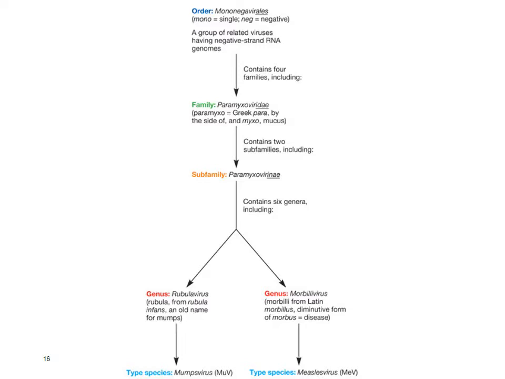Genus and species names always end in virus. One example in the genus Rubulivirus is the species referred to as type species mumps virus. And an example of a type species belonging to genus Morbillivirus is the measles virus.